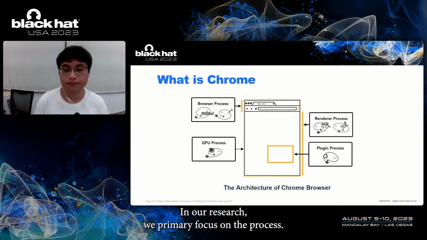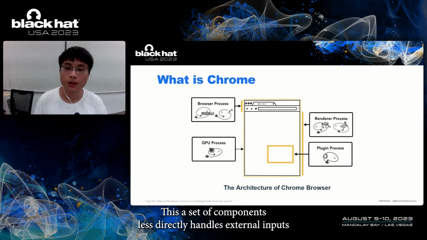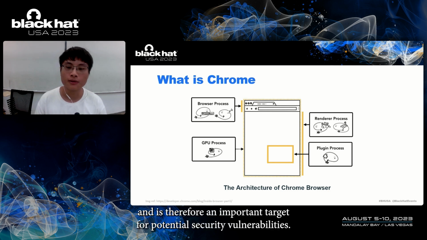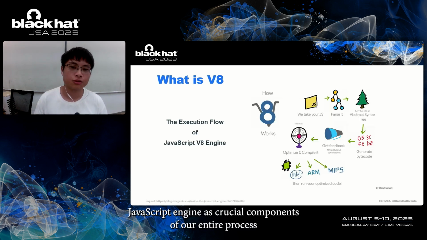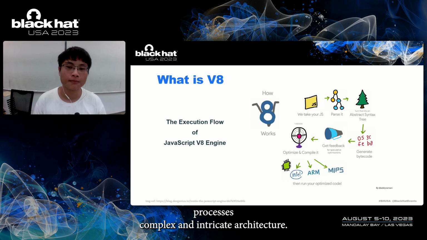In our research, we primarily focus on the render process. This is the component that directly handles external inputs and is therefore an important target for potential security vulnerabilities. The V8 JavaScript engine, as a crucial component of the render process, possesses a complex and intricate architecture.